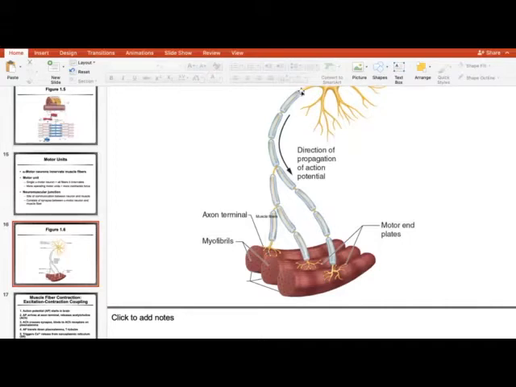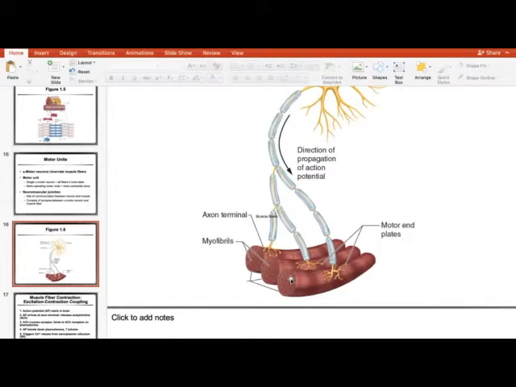And then there are these neuromuscular transmitters, things that transmit the action potential, or the electrical energy, from the alpha motor neuron into the muscle fiber itself, into the receptors of the muscle fiber.